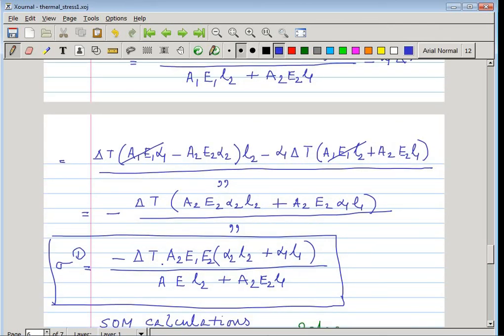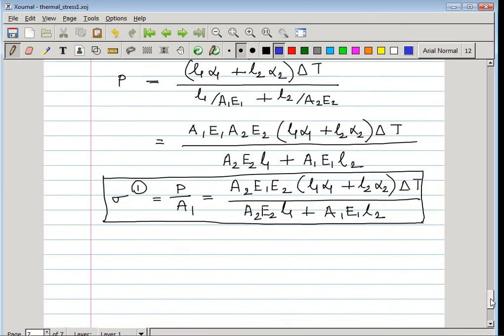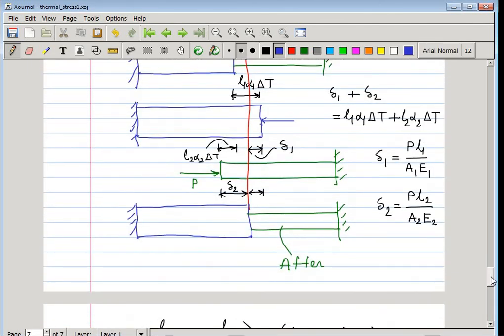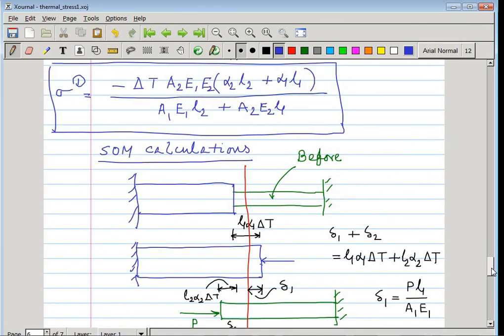So A1 E1. So this is A1. This is A1 E1 L2 plus A2 E2 L1. So the results match. So the strength of material calculations and the finite element results are identical. Okay. So thank you.